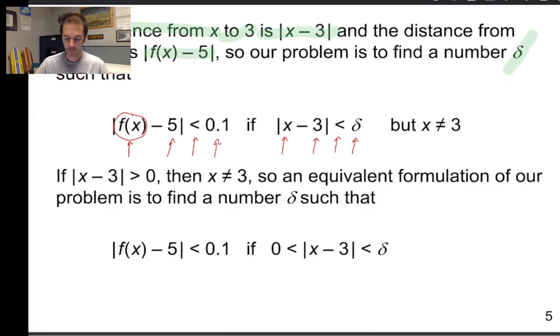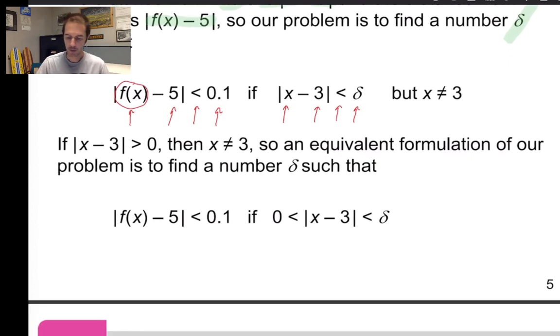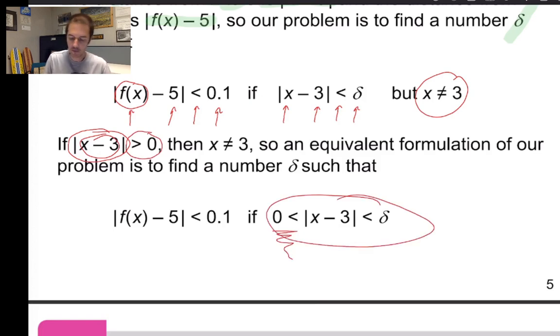Now, we're never going to be using an x value of 3, which means that x minus 3 is never going to equal 0, which means that the absolute value of x minus 3 is always going to be strictly greater than 0, which is why we're allowed to write this part of this statement.